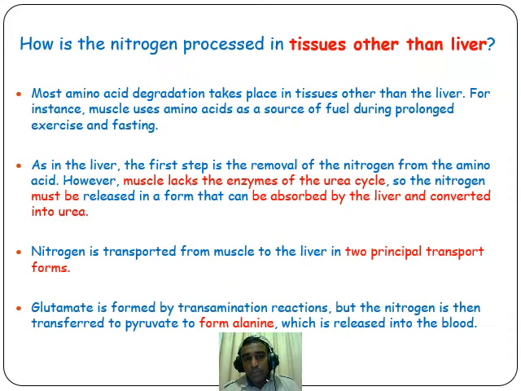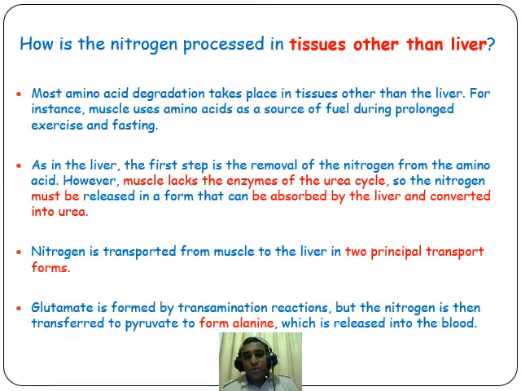As referred to at the end of the explanation of the previous slide, there are amino acids found in other tissues such as muscle and kidney that also need to be utilized.